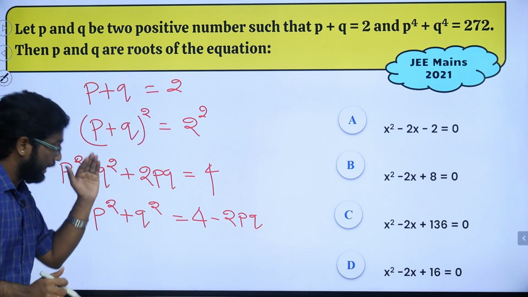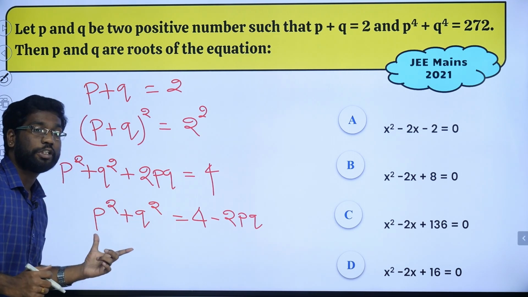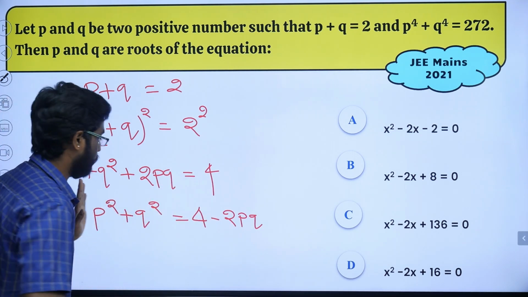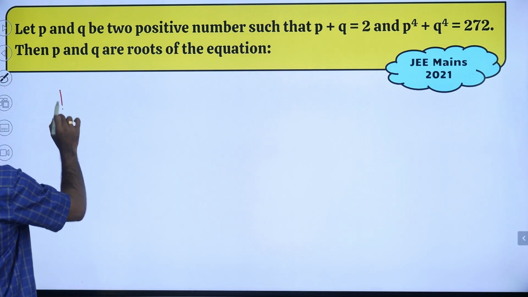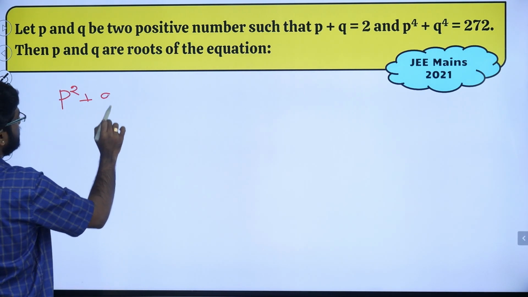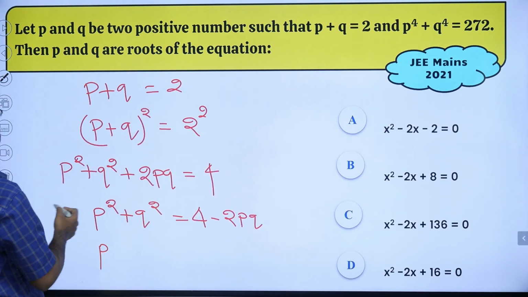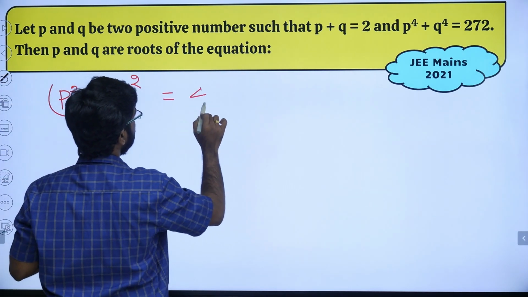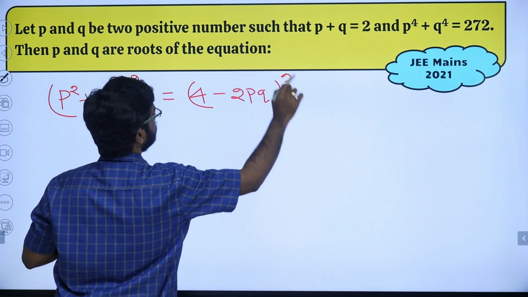Next, we are going to square on both sides, which in the next slide I write: (P square plus Q square) the whole square is equal to (4 minus 2PQ) the whole square.